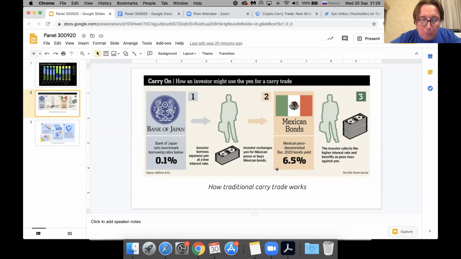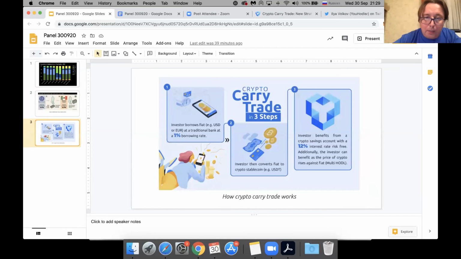In this example, an investor can take a cheap currency like the Japanese yen at a low interest rate, for example 0.1%, then convert this Japanese yen to Mexican pesos or buy Mexican bonds, and benefit from 6.5%, right? So it's a very old traditional strategy.